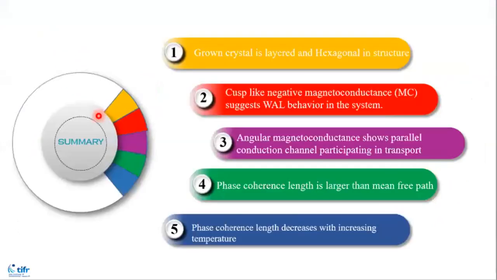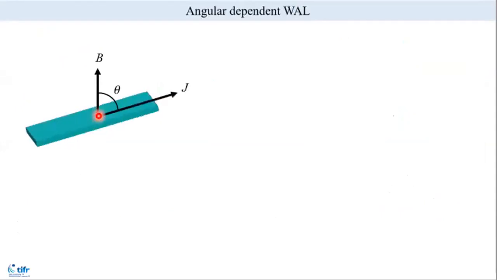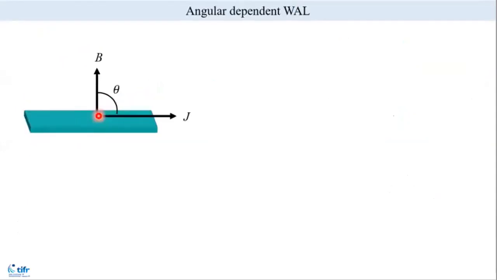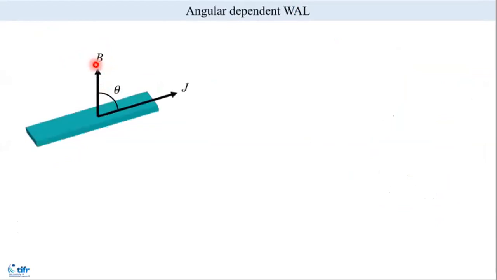Here the angle between current and magnetic field is almost 90 degrees, so B sine theta is B. If I rotate so the angle is, say, 60 degrees, the normal component of the magnetic field will be along this direction.